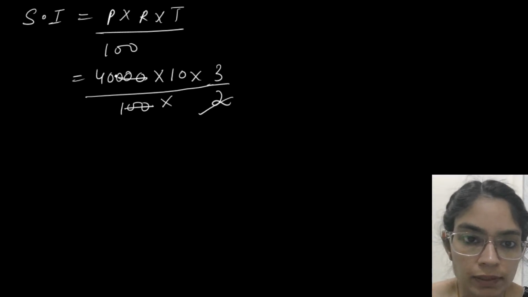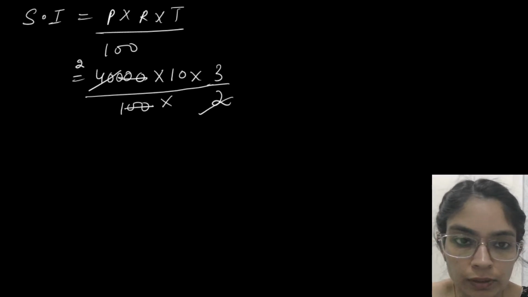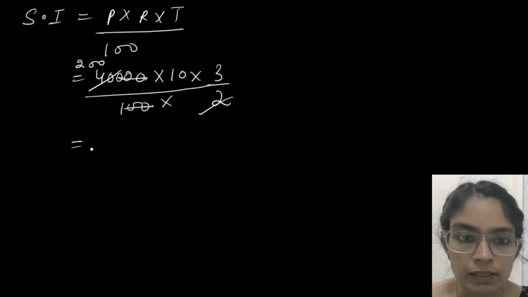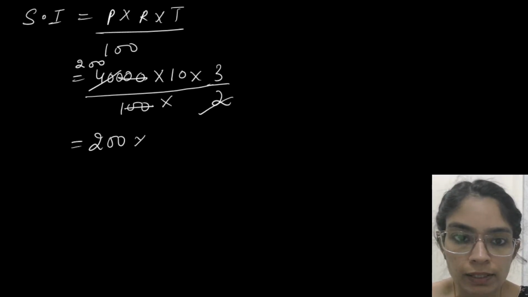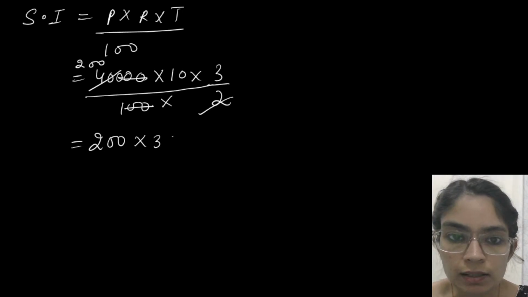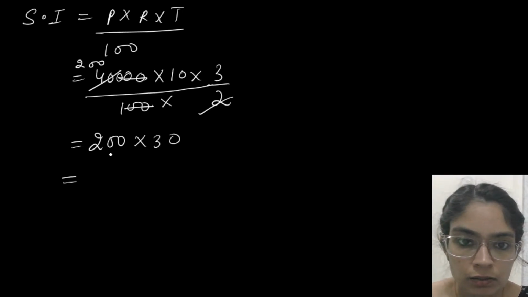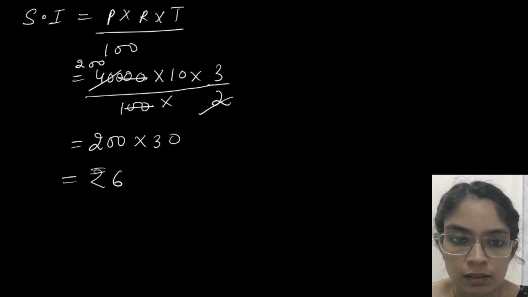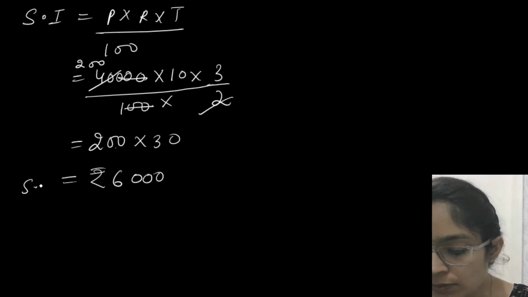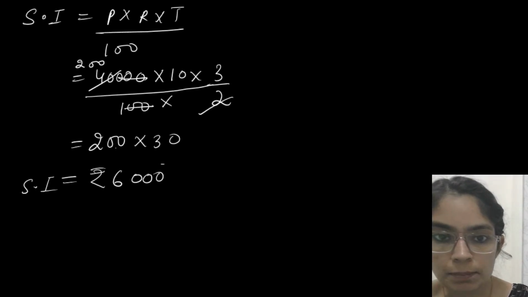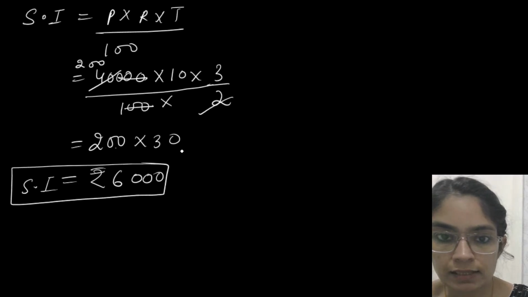With 2 also we can do cancellation. 2 into 2 is 4, 2 zeros. So 2 into 3, what I am left with, 200 into 10 into 3 is 30. So 2 into 3 is 6, we can write 3 zeros. So simple interest is equal to 6,000.